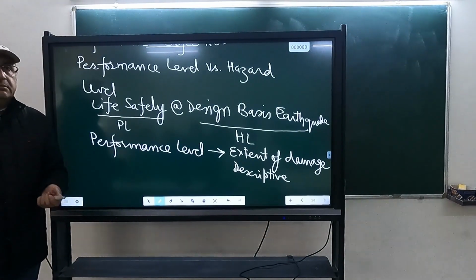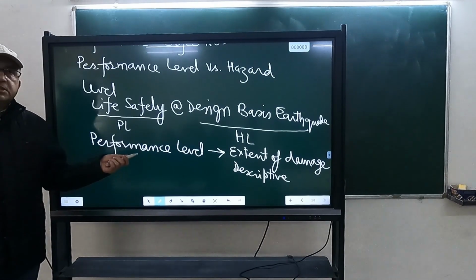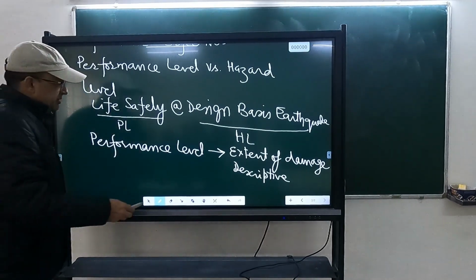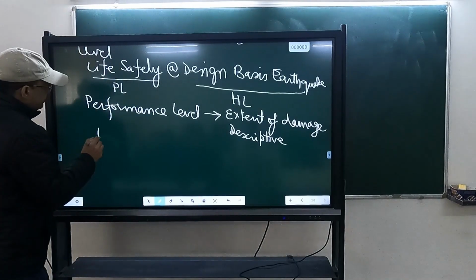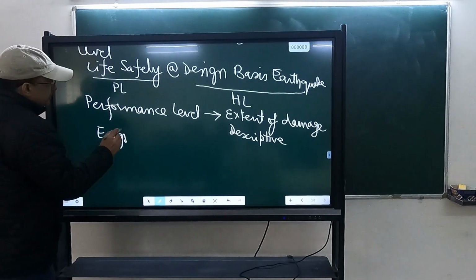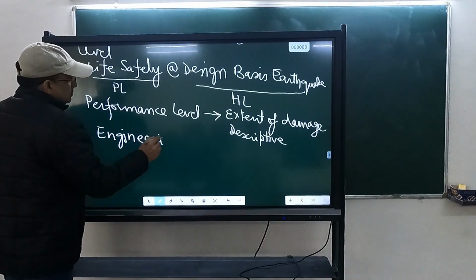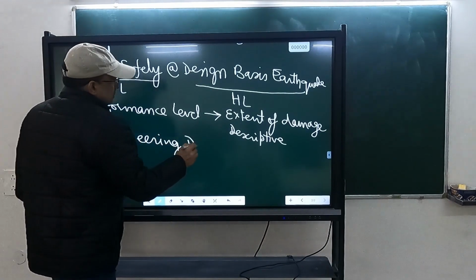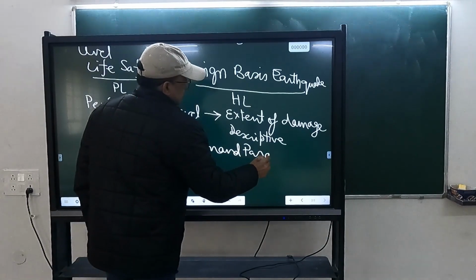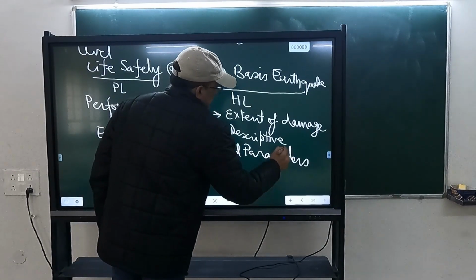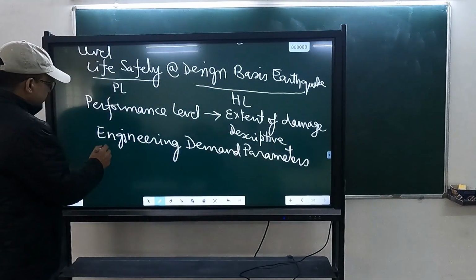But if you have to design, then you can't design based on the description. For that you need some concrete parameters to design. So we need what we call engineering demand parameters, EDP.